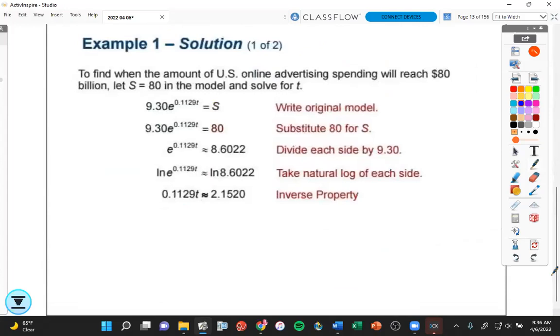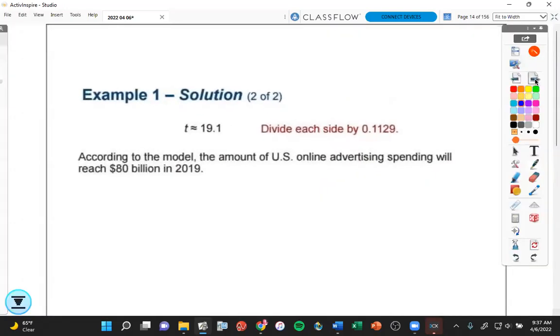They went ahead and did the natural log and they're writing the approximation. Next slide. 19.1. So according to the model, the amount of US online advertising will reach 80 billion in the year 2019. Questions on that?